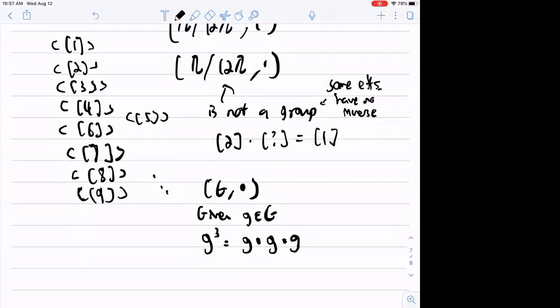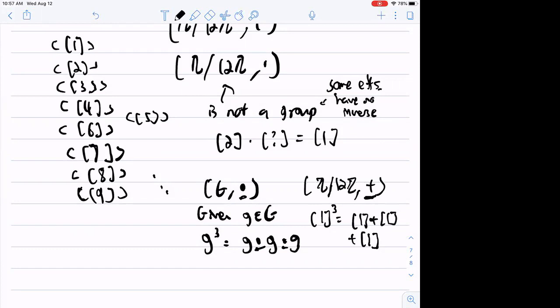In my example, it's Z mod 12Z under addition. So 1 cubed means you go with the operation. I see. Yeah.